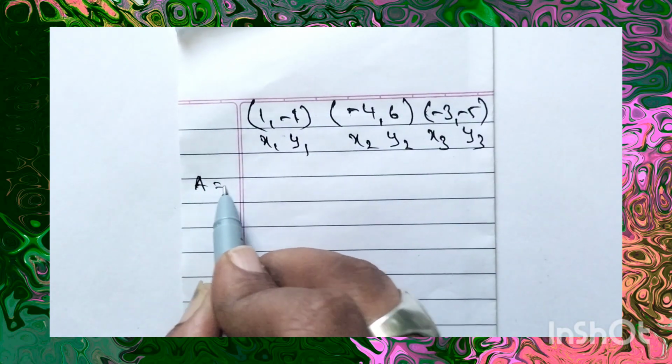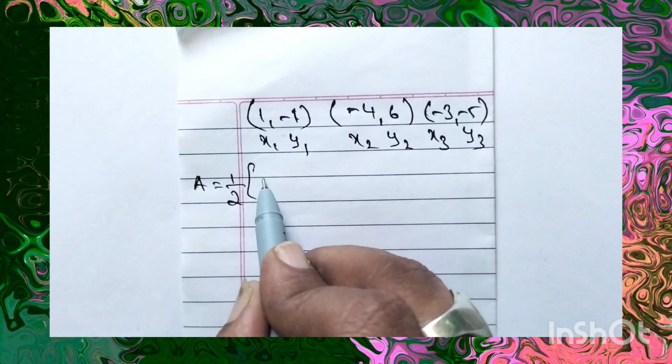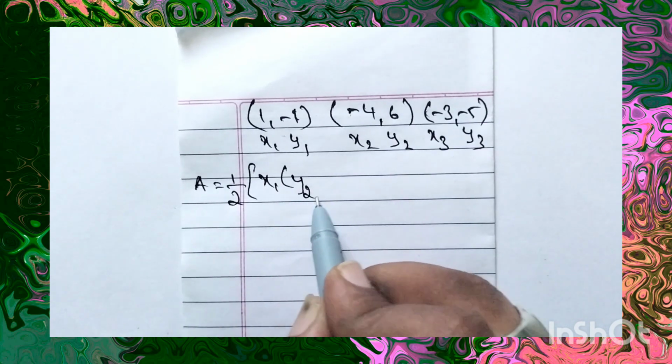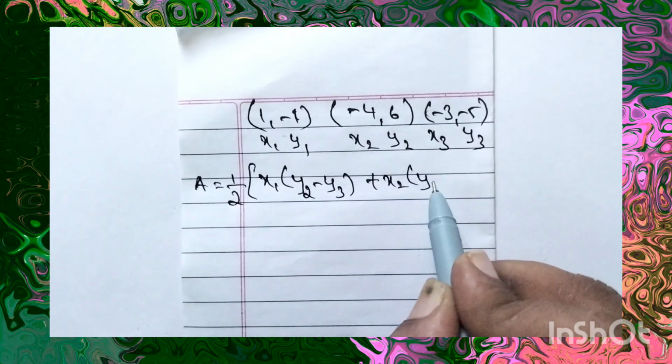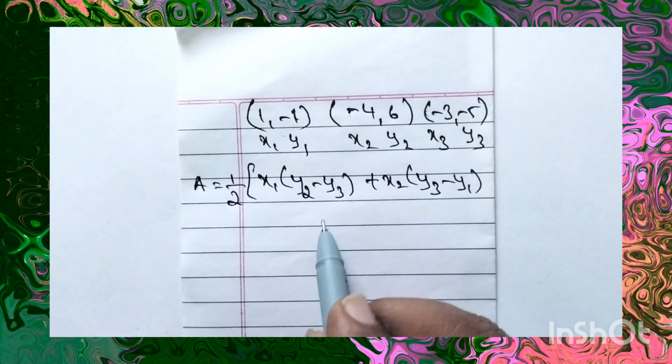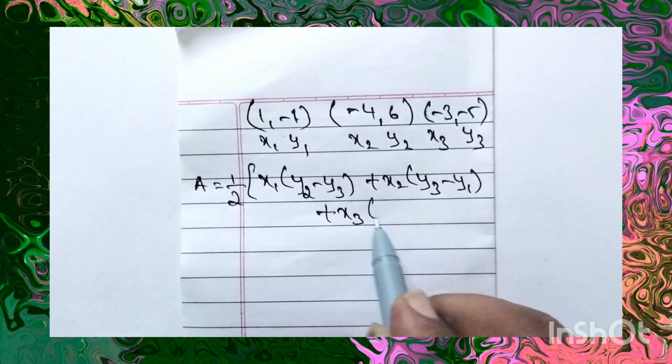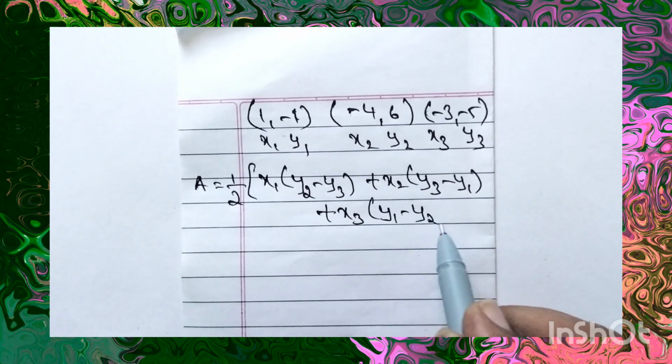So what is the area of a triangle? Half into x1 into y2 minus y3 plus x2 into y3 minus y1 plus x3 into y1 minus y2.